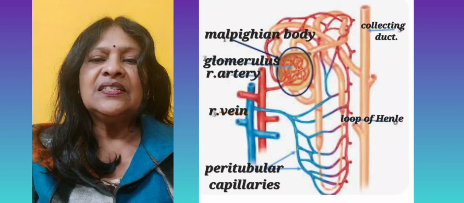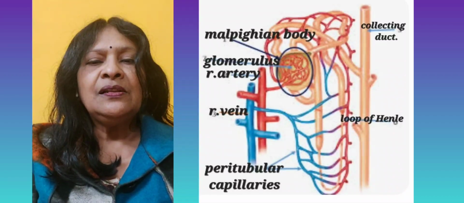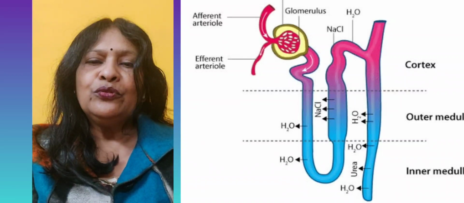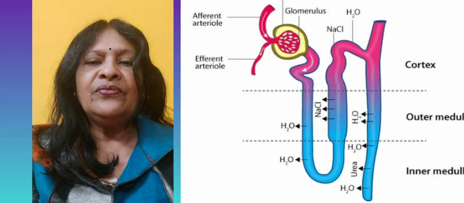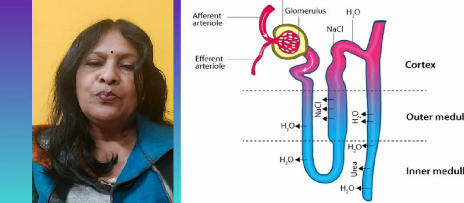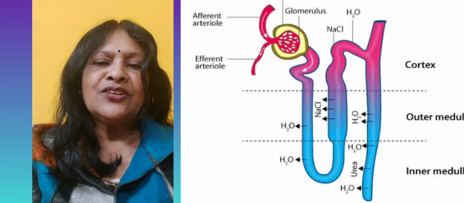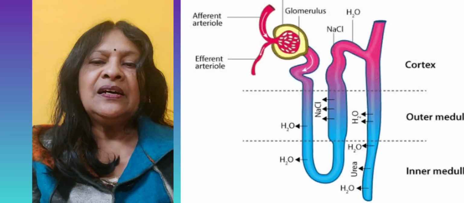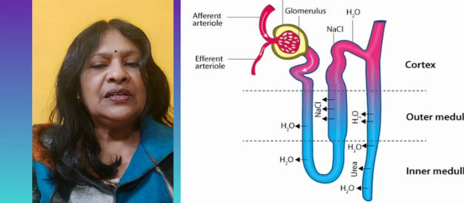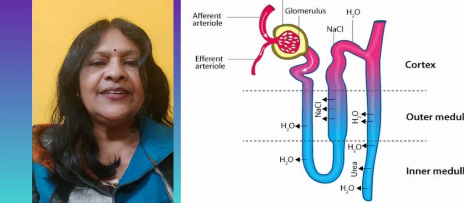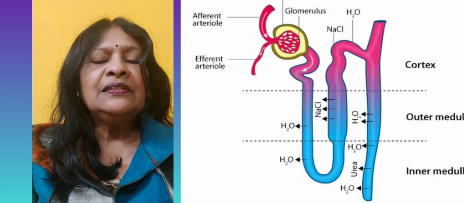They also assist in the functional activity for the formation of urine, and those go by the names of tubular reabsorption and tubular secretion. In the next session, I will be explaining the formation of urine under three heads.